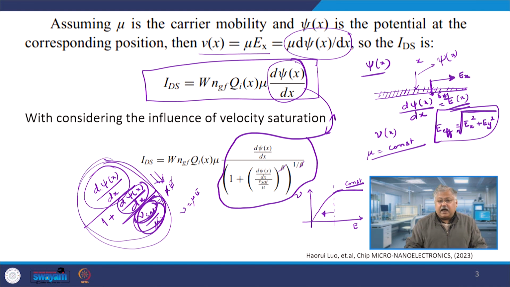Which means that the higher the saturation velocity is, the more will be the electric field available to you, which makes sense also, because a higher saturation velocity implies that your electric field has to be very high at that particular point to maintain that value of velocity saturation in that particular area.